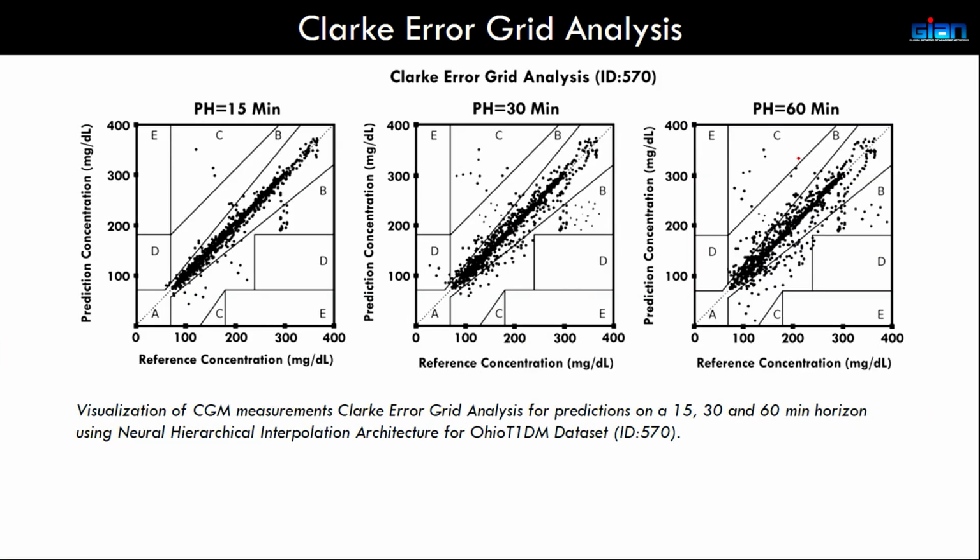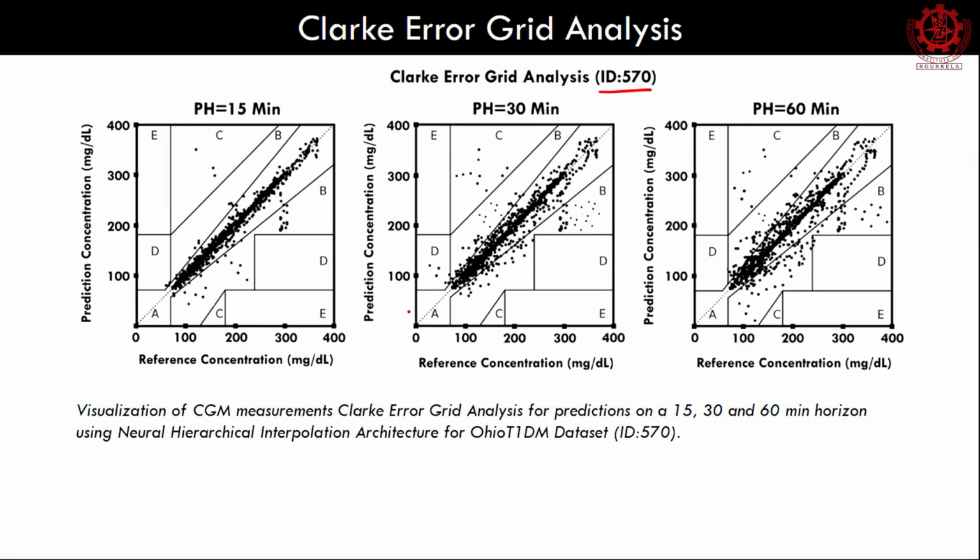As earlier, we have also done the Clarke error grid analysis. This is a standard analysis method to judge the performance of any machine learning model or a sensor using clinical data sets. Here it is shown as a sample.